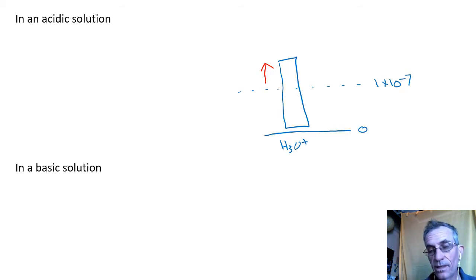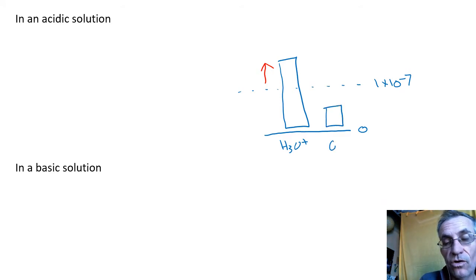Now, what's not always so obvious, and I'm not going to really get into the reasons why, is that when you add an acid into water, the amount of hydroxide actually falls. So the amount of OH actually goes down. Neither one of them is 10 to the minus 7 anymore. The concentrations have changed. Hydronium has gone up, hydroxide has gone down.